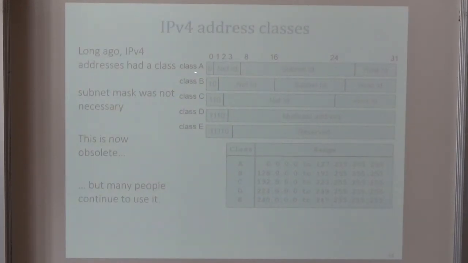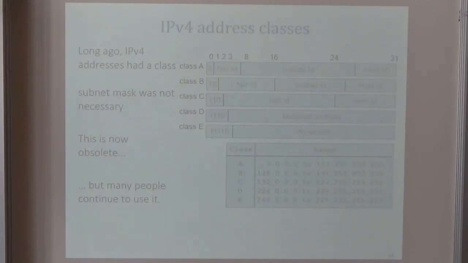And class A is the networks from 0 to 127. 127 we know is a loopback address, and 0 is also special, but those are formally class A. Class B is 128 to 191. You recognize the EPFL address.